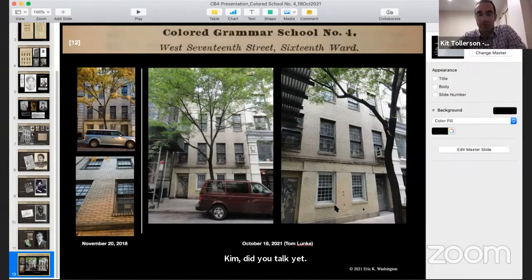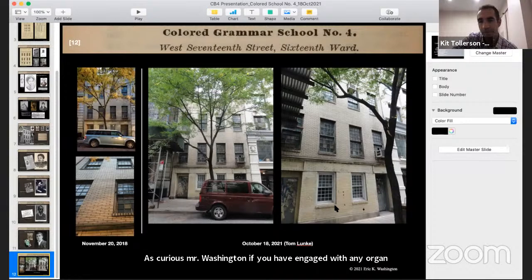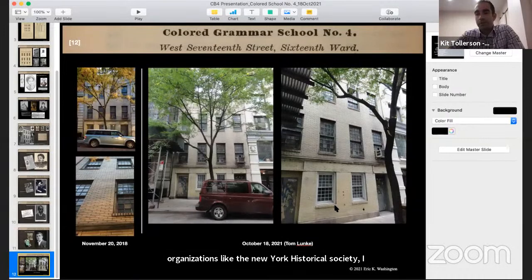Thank you for the presentation. Fascinating, and I agree with all the comments about how it's essential we start teaching what's really happened in New York City and move beyond the narrative that is just incomplete. I was curious, Mr. Washington, if you have engaged with any organizations like the New York Historical Society. I know that museums in the city, including the New York Historical Society, sometimes do not have the space that they want, and many museums actually have networks of facilities throughout the city.